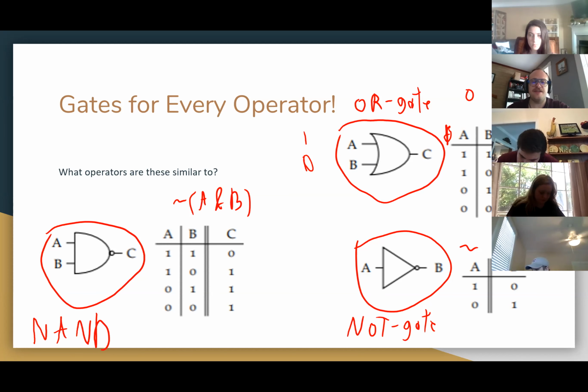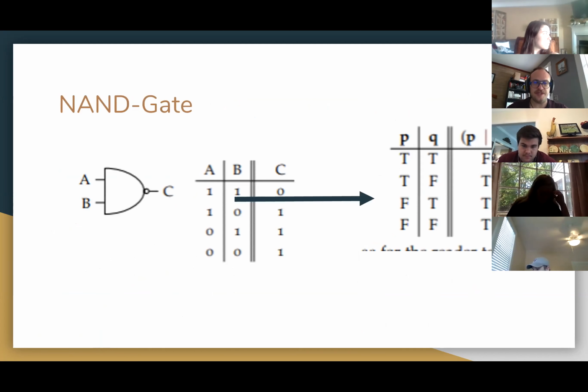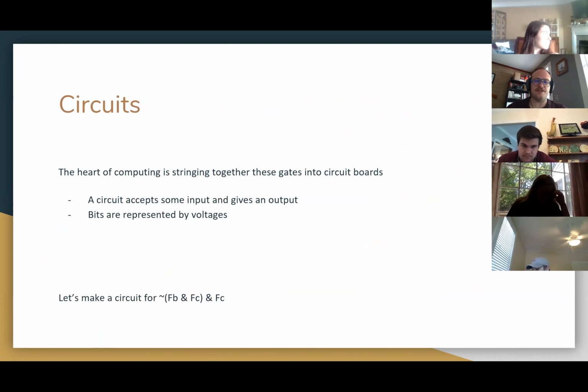And what you're seeing here is a table of operations, specifying what the output bit value is for any two inputs. And then we talked about the idea of a circuit. Circuits are stringing together these gates into circuit boards.